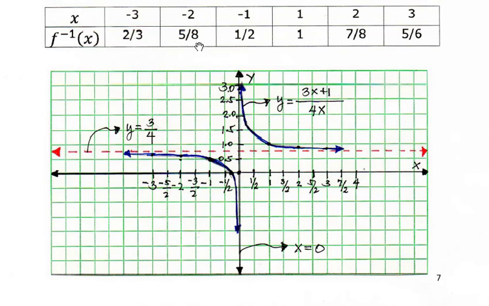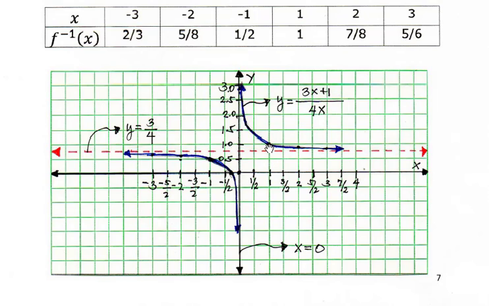Then for negative 2, we have 5/8, somewhere here. Then we have negative 1, that's 0.5, so we have it here. And also for x equals 1, we have 1.